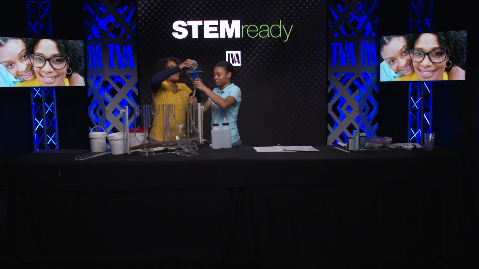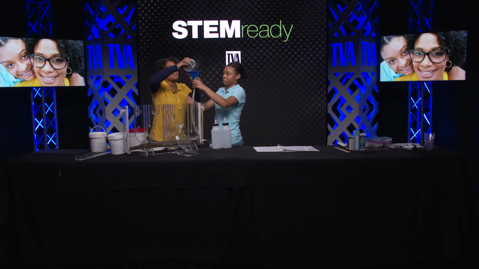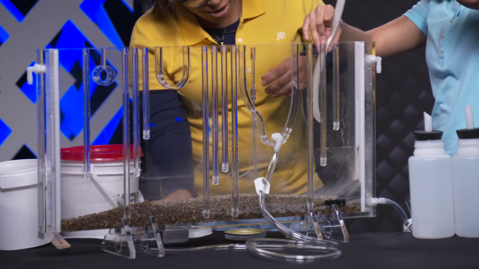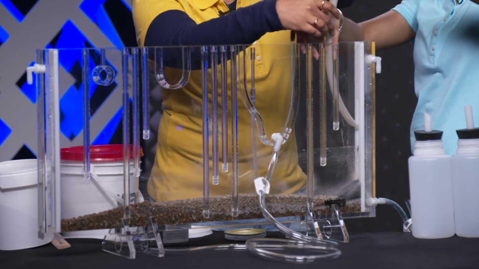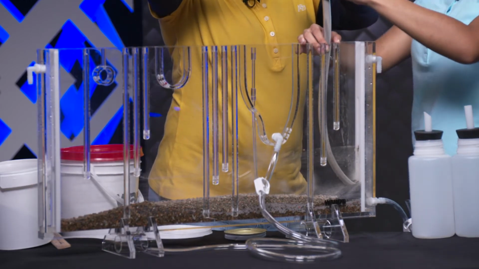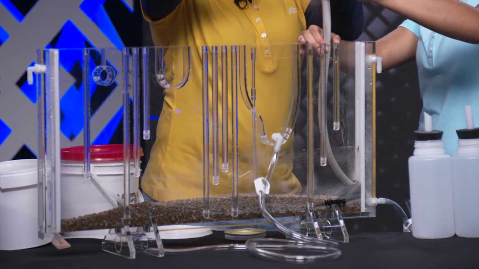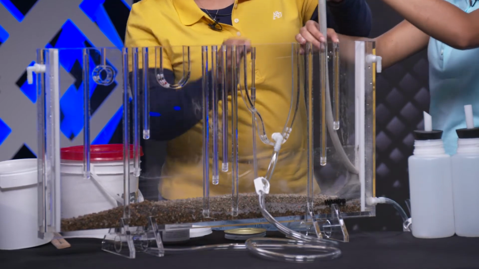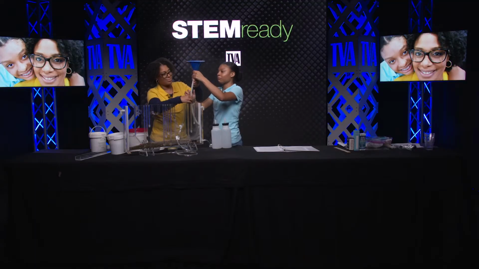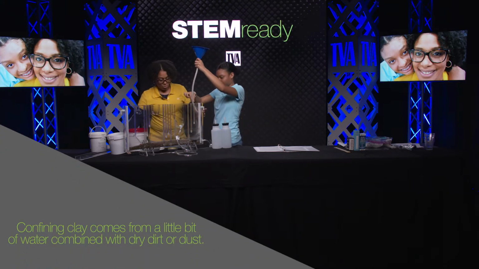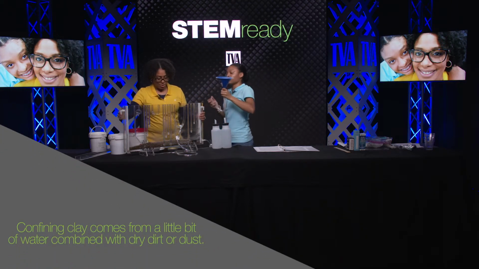This layer of confining clay, once we add water to the system, you'll be able to see it congeal or solidify a little bit more, so that it won't allow liquids to go through. And we're just going to spread this out.